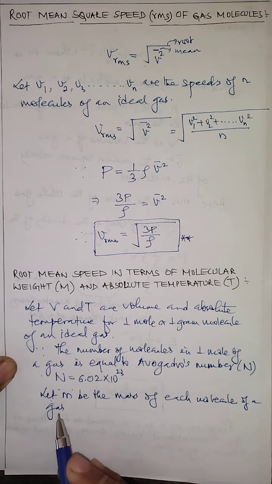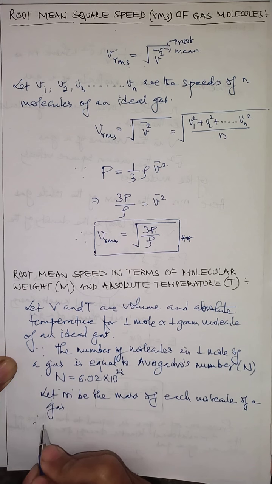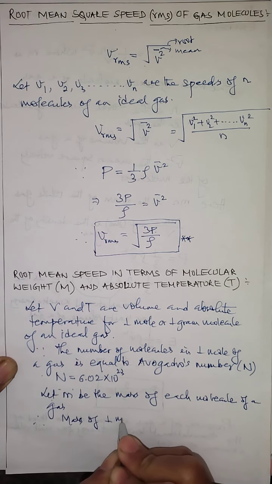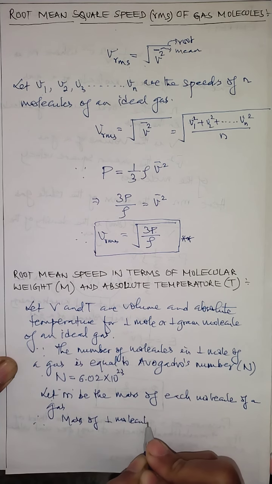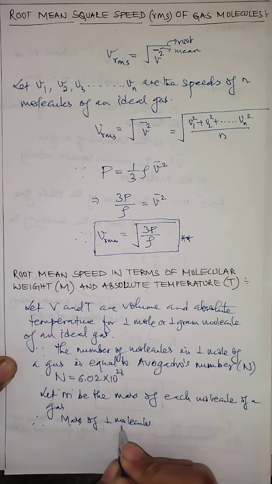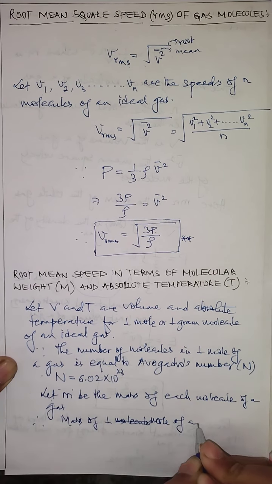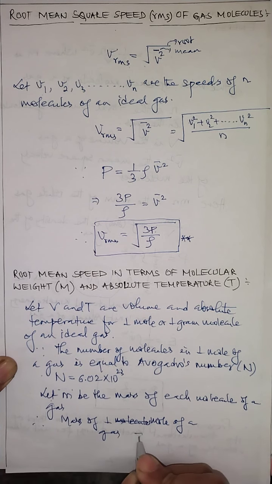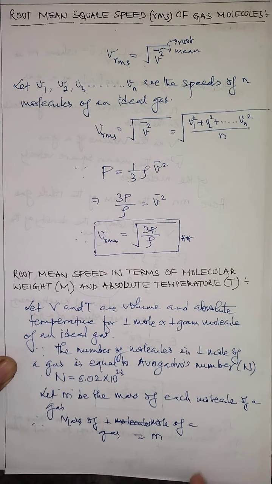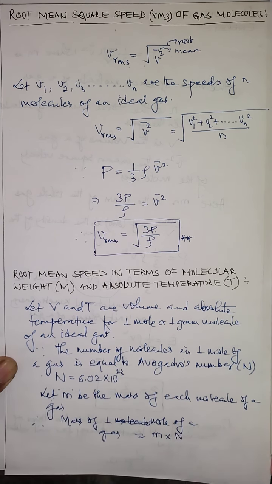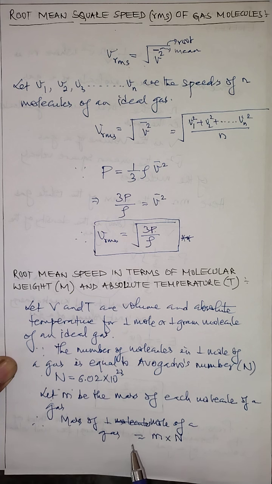Now if m is the mass of each molecule of gas, then the mass of 1 mole of a gas is equal to the mass of each molecule into how many molecules are present in 1 mole of the gas, that is, Avogadro's number. So the mass of 1 mole of gas equals m into capital N.